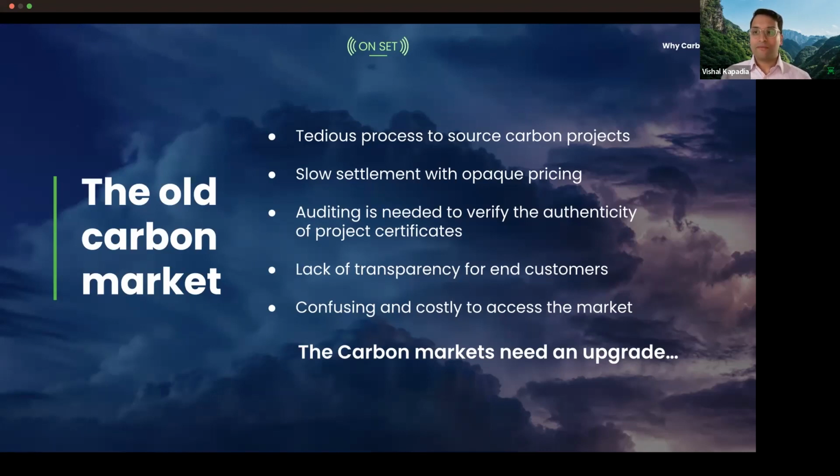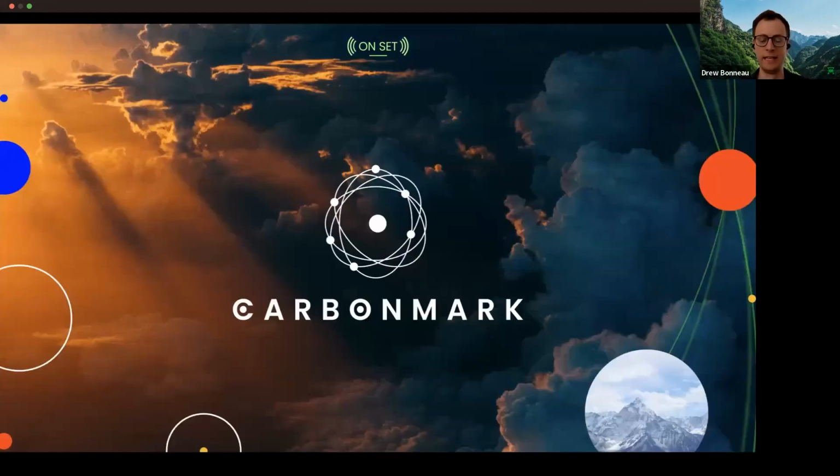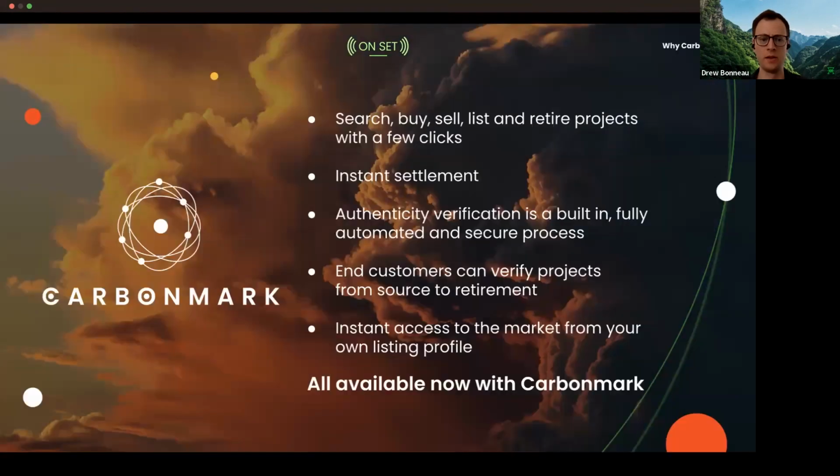Super. Thanks, Vishal. So I'm excited to now dive into Carbonmark and how it's being built to address some of those challenges that Vishal just cited. So the big picture is that we're leveraging KlimaDAO's infrastructure to provide an instant settlement layer for digital carbon assets while providing the full transparency and traceability that blockchain technology affords.